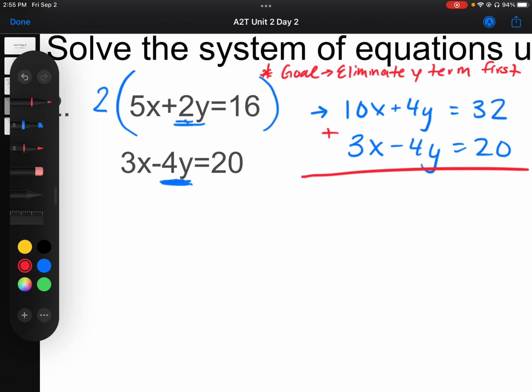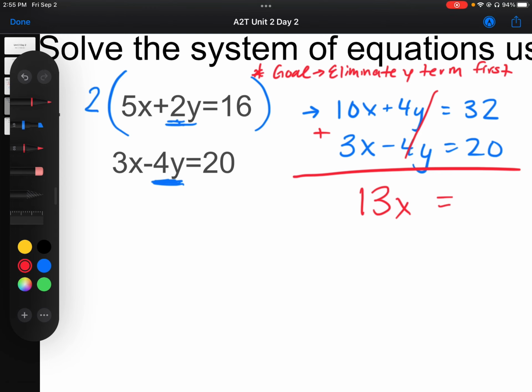Now if I add these two equations, 10 plus 3 is 13x. 4y plus negative 4y cancel. 32 plus 20 is 52. Divide by 13. x is 4. That's half of my final answer.